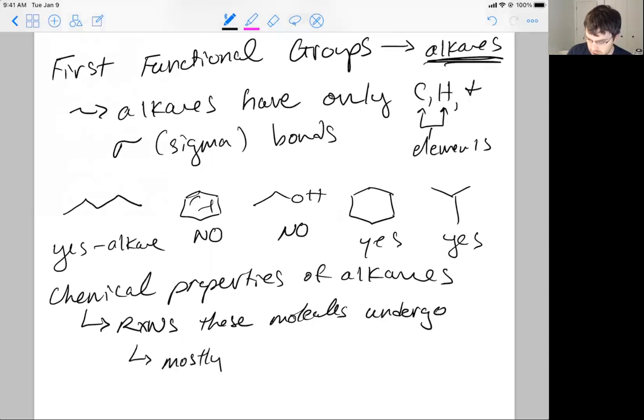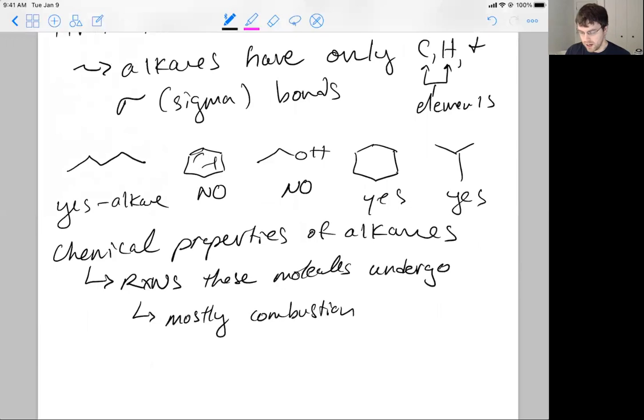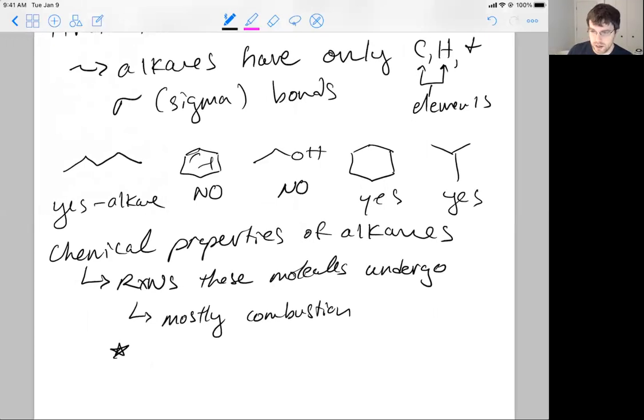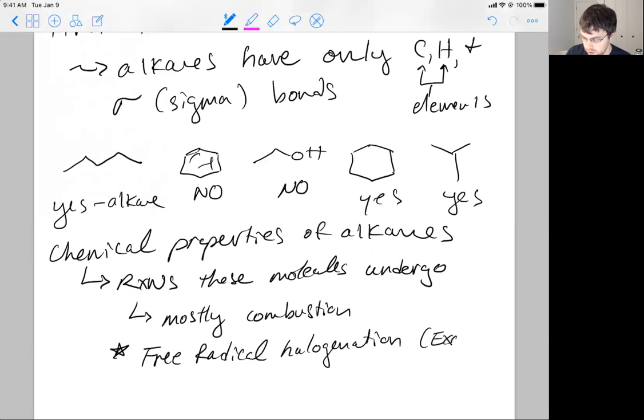We've looked at combustion in as much detail as we want in this class, where we balanced chemical reactions and that sort of thing. So we're not going to talk about combustion anymore. In the next module, we'll talk about free radical halogenation. That will certainly be a topic for exam 5, not something we're going to touch on today.